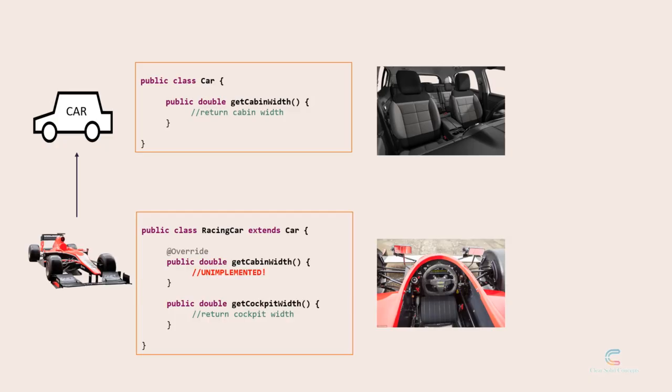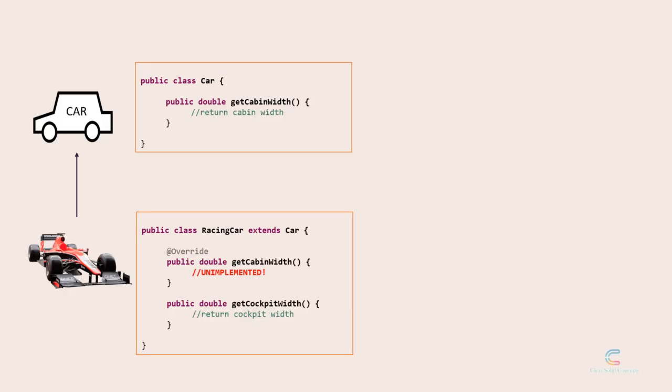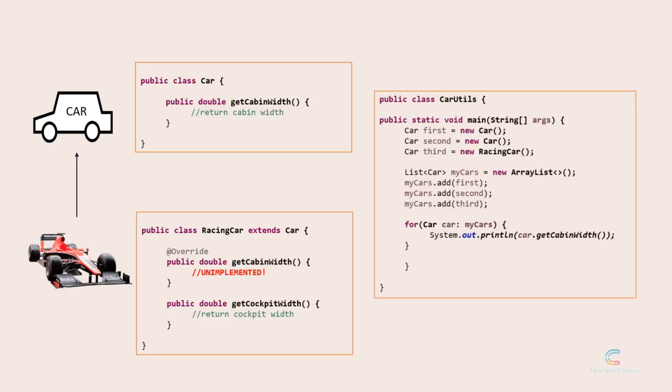Now let's create some objects of cars and racing cars and play around with it. In order to do this, we will look at a util class called carUtils. So carUtils instantiates three objects with reference type car.